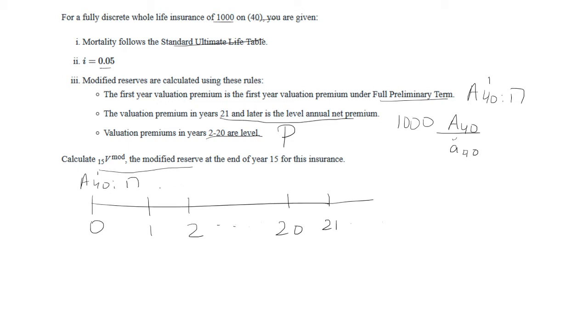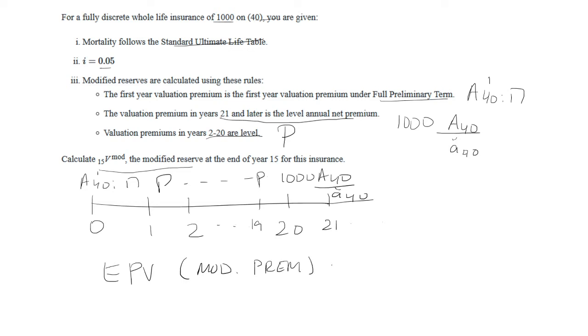Second year becomes P. And then from then on, it's going to be this. So we want to set the expected present value of the modified premium equal to the expected present value of the net premium.